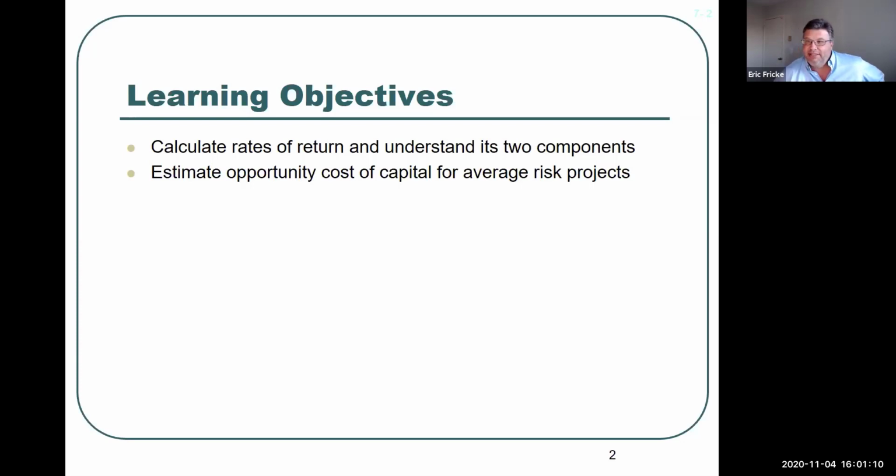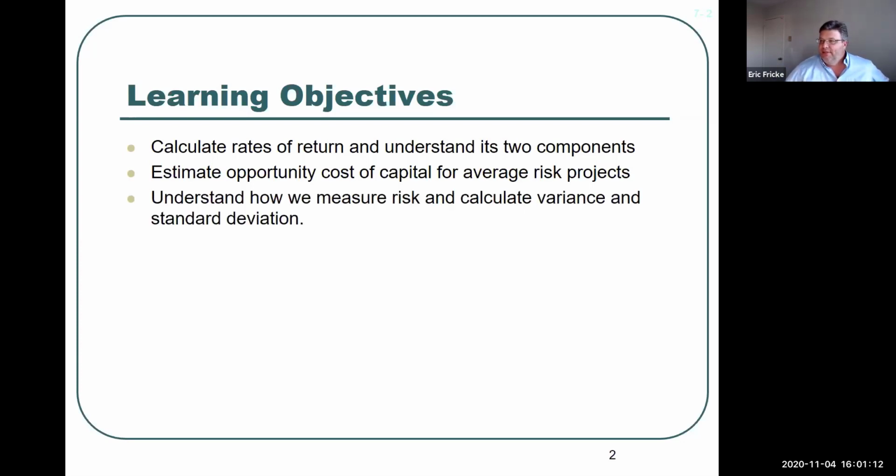And that's our discount rate again, right? We're going to look at how we measure risk, and how we do that in finance is by calculating the variance and the standard deviation of stock returns or bond returns. And that's going to be just like you did it in your introductory statistics class. So that shouldn't be too bad.